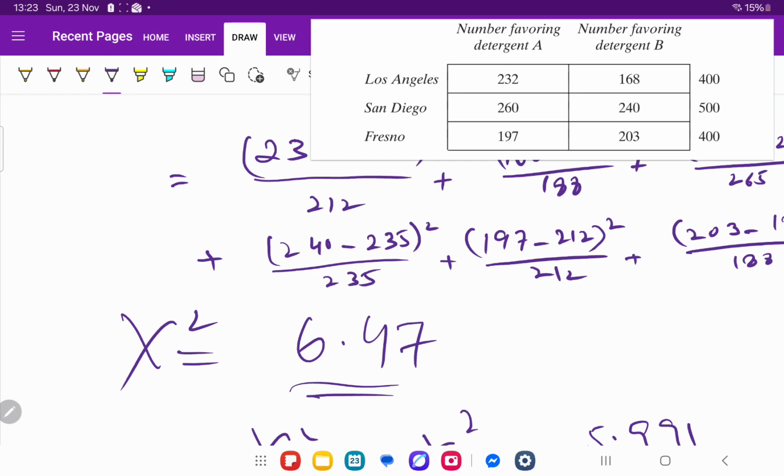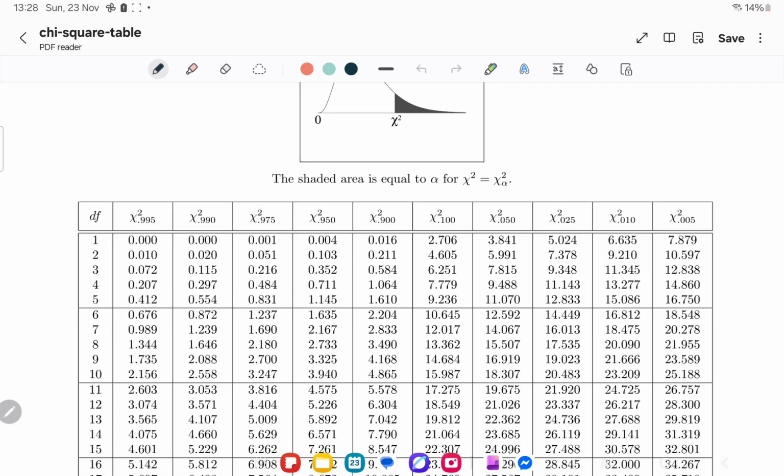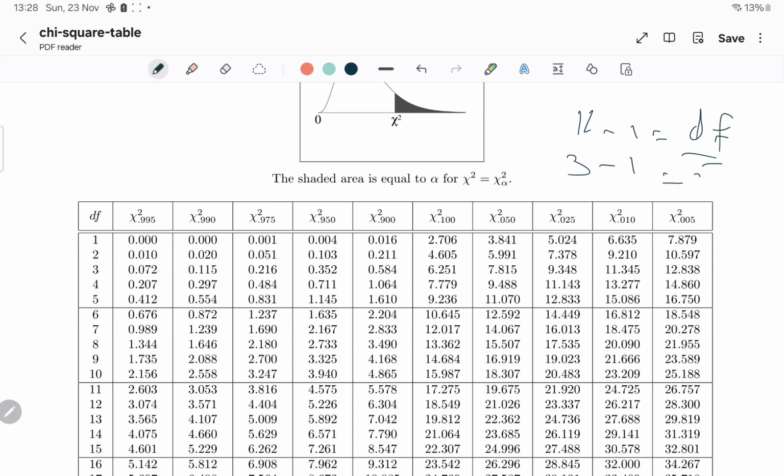6.47. So how many proportions are there? 3 proportions we are comparing, so 3 proportions correspond to k minus 1 degrees of freedom. So k minus 1 is the degrees of freedom, 3 minus 1 is 2.